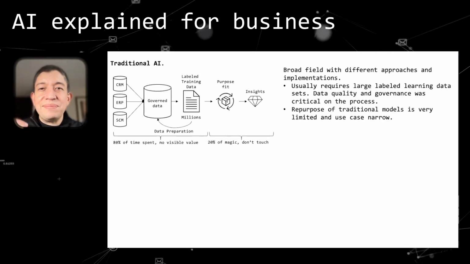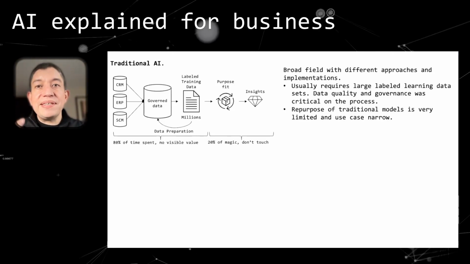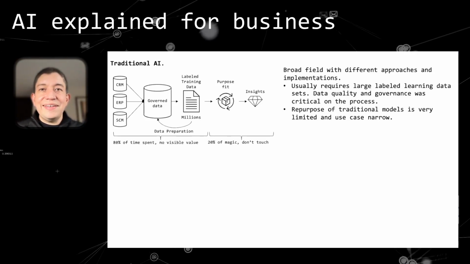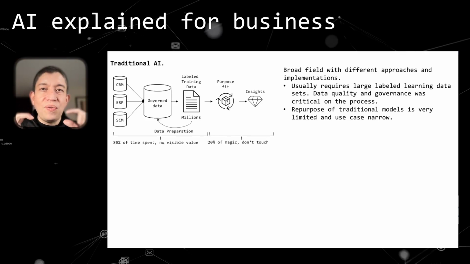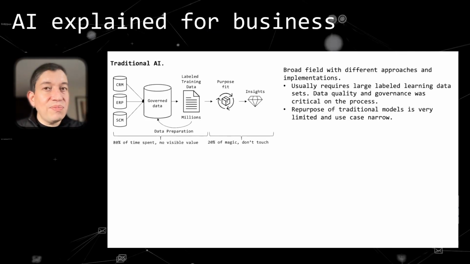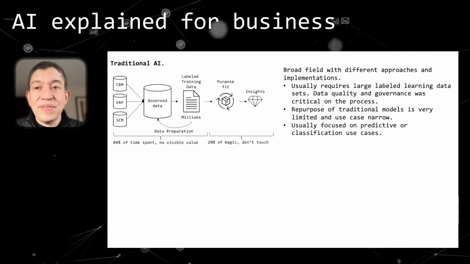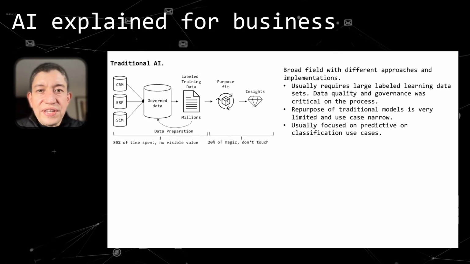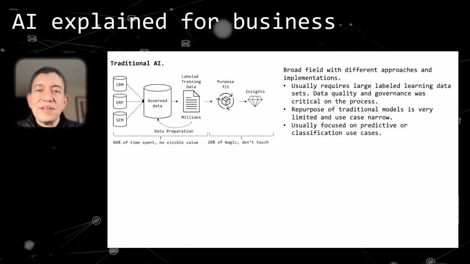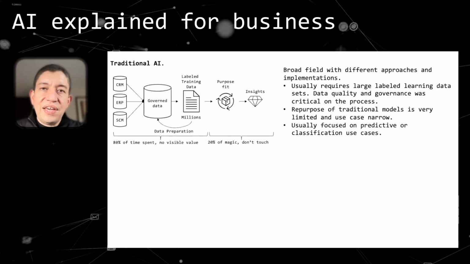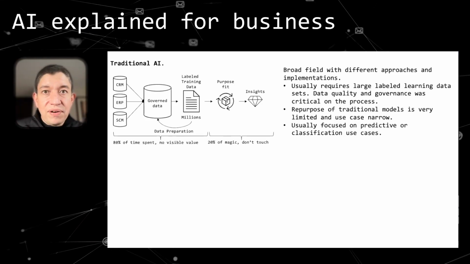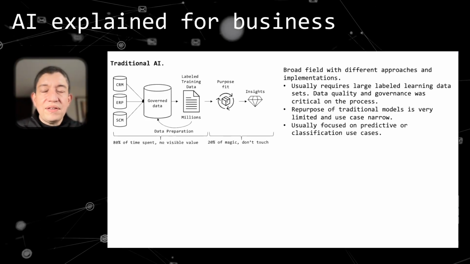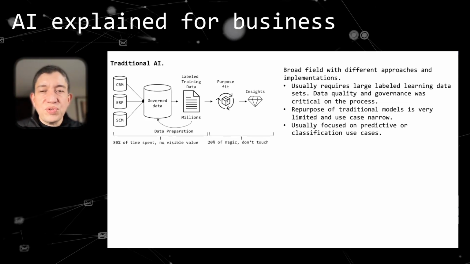Also, it was very difficult to repurpose a business model since the data was fit for one algorithm, so repurposing it was almost like starting brand new. The usage for these traditional AI models was usually either a classification model or a predictive model. We could use both, and those were the two most used.